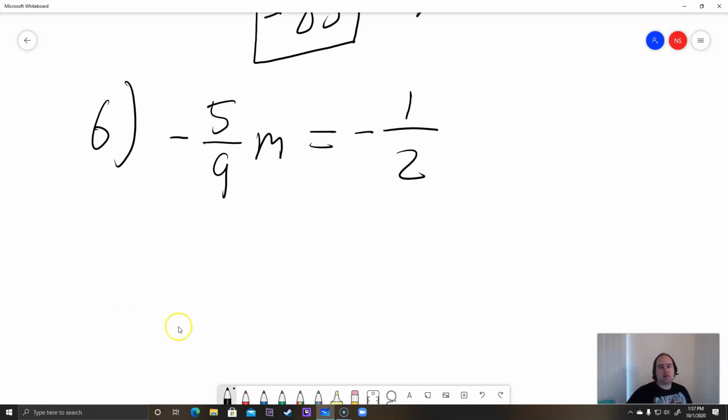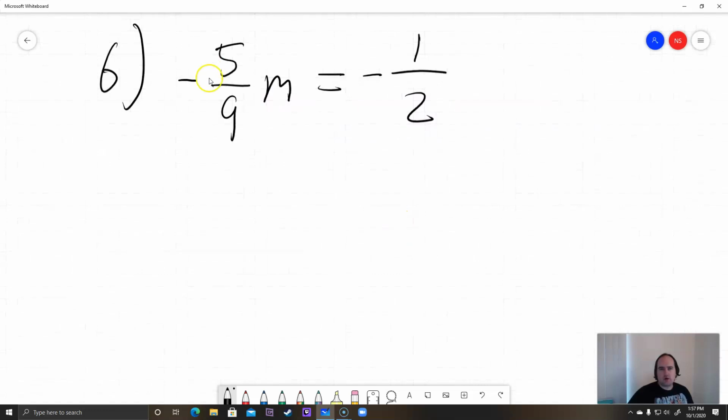So once again in this problem, we can see that the term involving the variable is by itself. So the only thing in our way is the negative 5/9. Since it's negative 5/9 times m, just like with the last problem, we're going to multiply both sides by the reciprocal of negative 5/9.